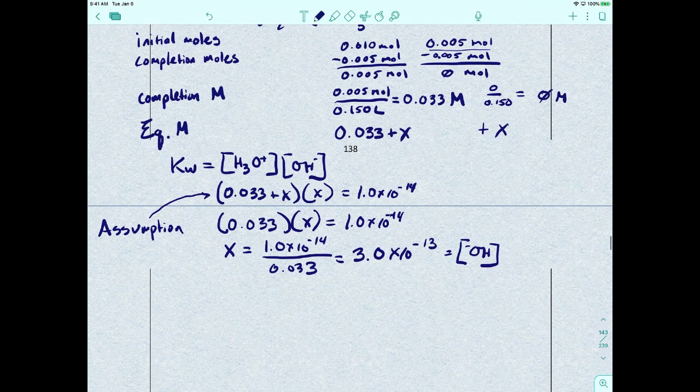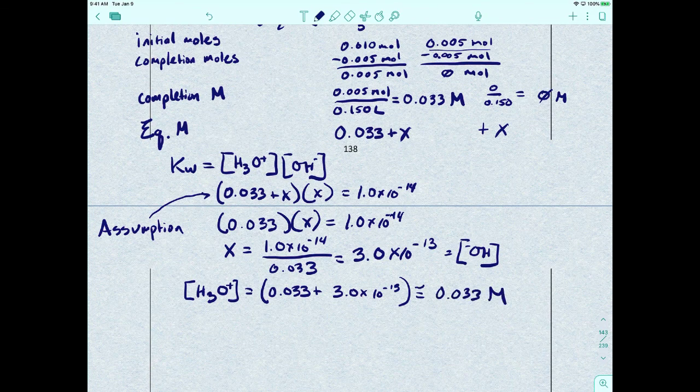Now, if I wanted to find the concentration of H3O plus, we take 0.033 and add that X, 3.0 times 10 to the minus 13th. That value is so small it's not going to change anything, so it's really still 0.033 molar.